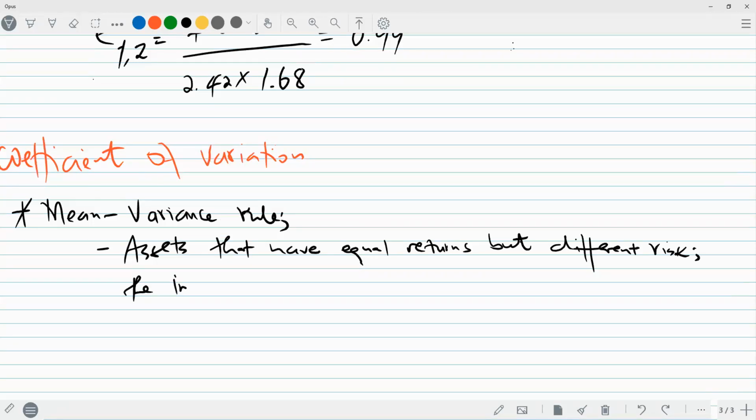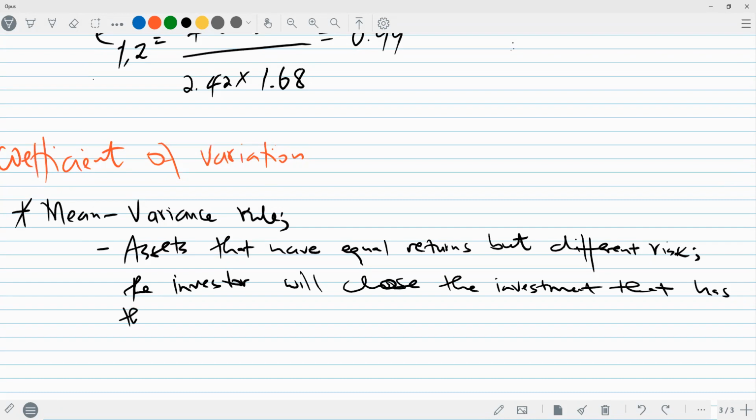The investor chooses the investment that has the least risk. That's the first rule. In case we have two assets that have the same return but different risk, as an investor, since you are a rational investor, you're going to invest in that particular asset that has the lower risk.